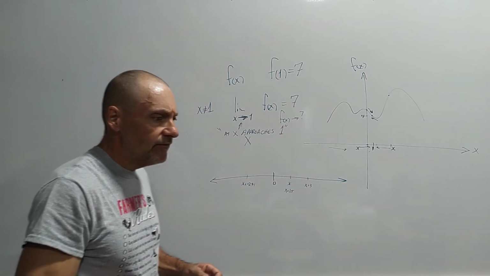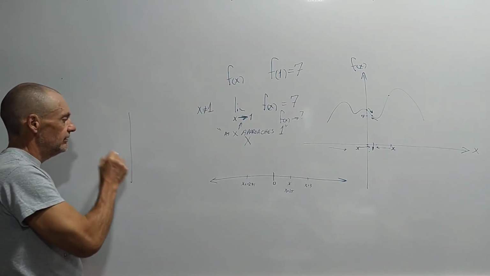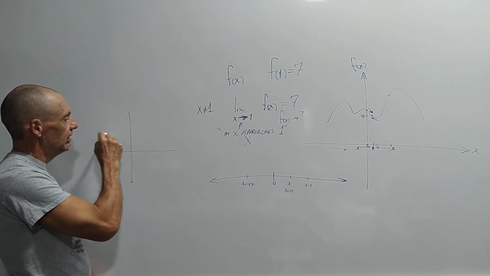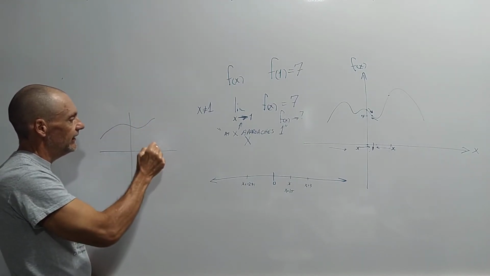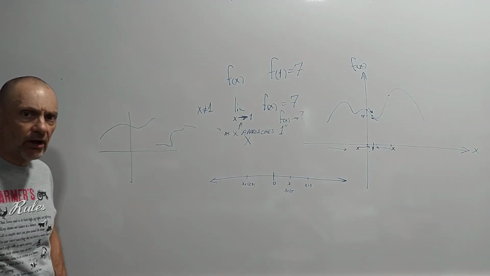Now, if you have something weird, like a function that does this kind of thing, and then suddenly it jumps over here and takes off, and maybe has a gap in it, all kinds of crazy stuff.